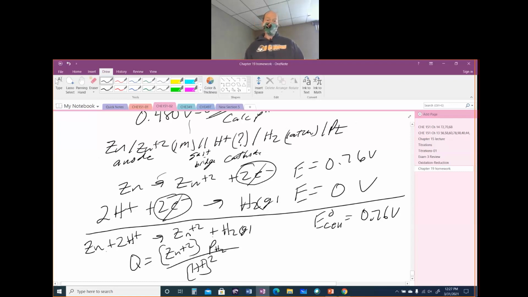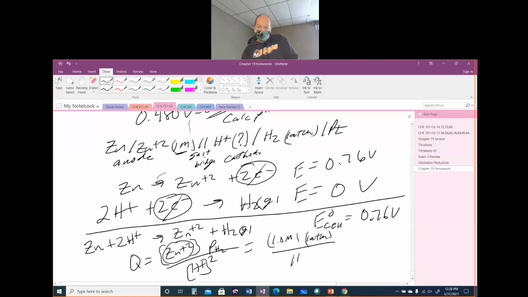Zinc solid: solids and liquids are not put into your K and therefore not put into your Q. All right, so it didn't have to be 1 molar for zinc 2+, but whatever concentration is given for zinc 2+, you plug that in there. It was given as 1 molar. Your pressure of hydrogen didn't have to be given as 1 atmosphere. It could have been millimeters of mercury, which you convert to atmospheres by dividing by 760. But in this example, it was 1 atmosphere.